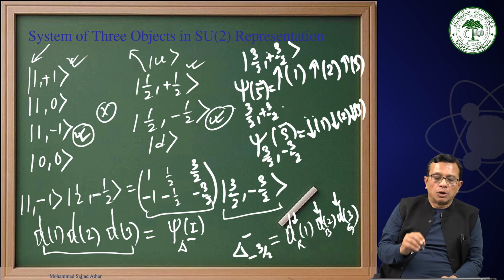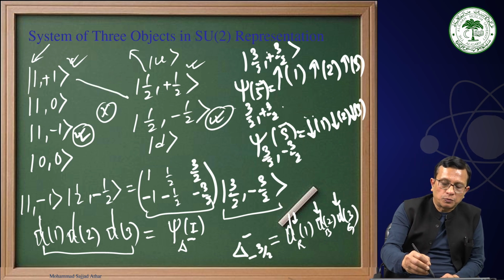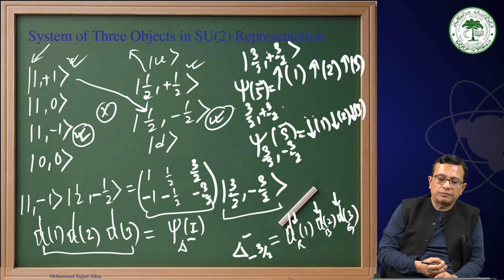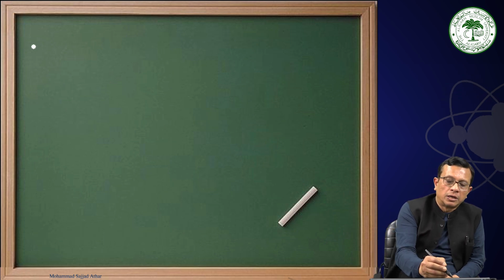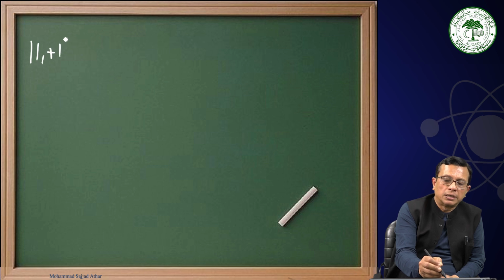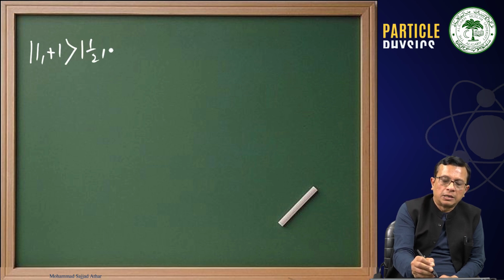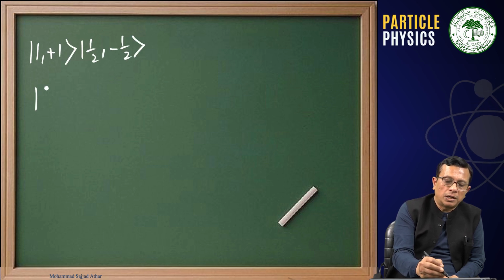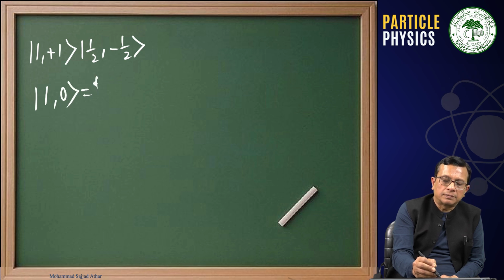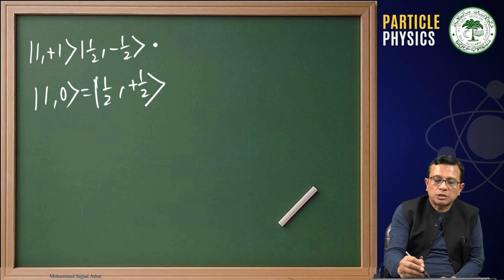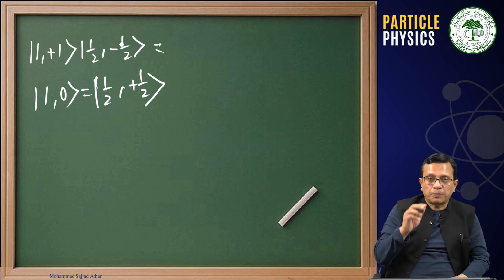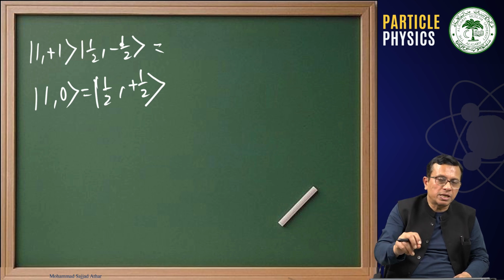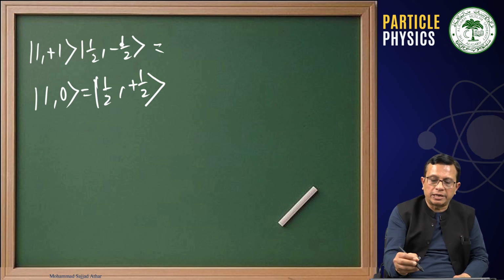Now the question is, what will happen when 1 plus 1 combines with half minus half, and 1 0 combines with half plus half? Now we saw that plus 1 with minus half will give me plus half, but the plus half projection we can get from 3 by 2 as well as from half.